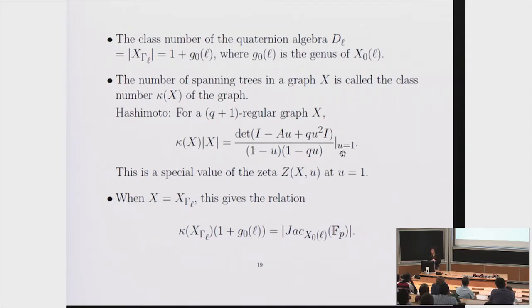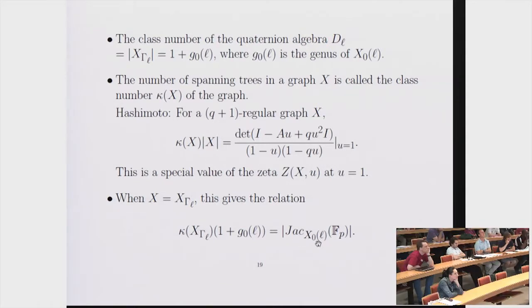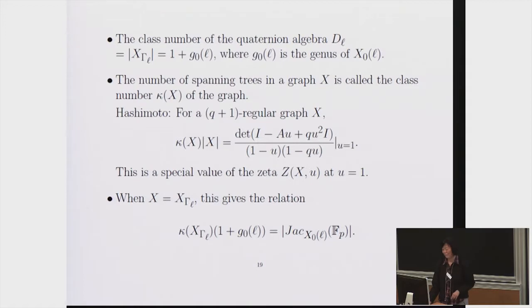So when you evaluate at u equal to 1, that gives you the size of the Jacobian of X_0(L) over F_p. And the size of the Jacobian is precisely the class number of the function field of the curve X_0(L) over F_p. So this is a very beautiful identity of a class number times class number equals a class number.